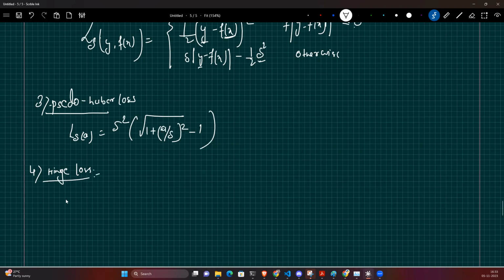So hinge loss is often used for binary classification problems.